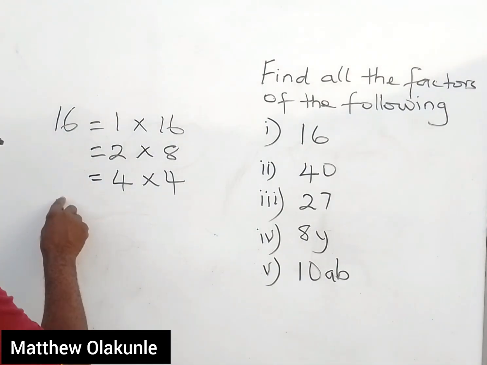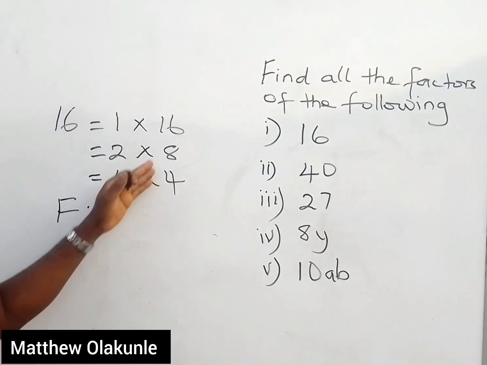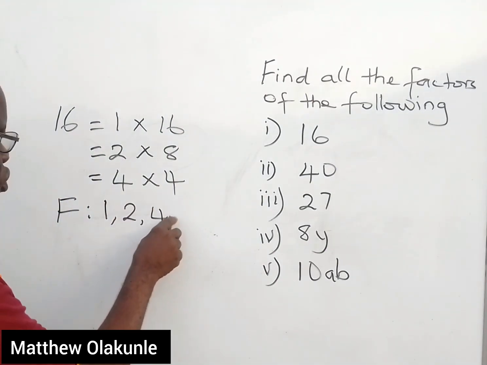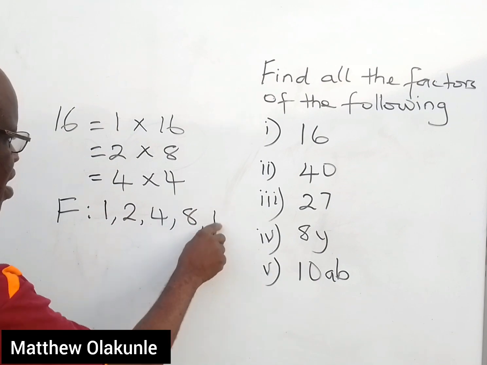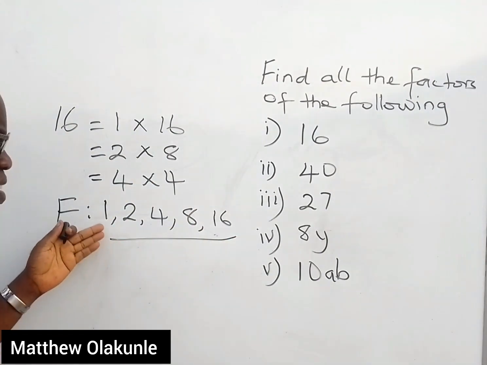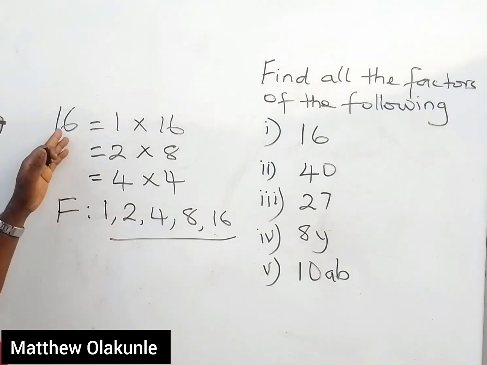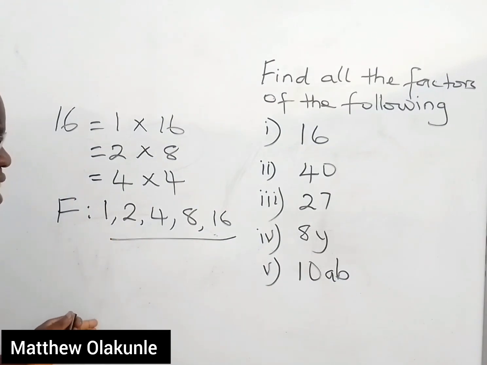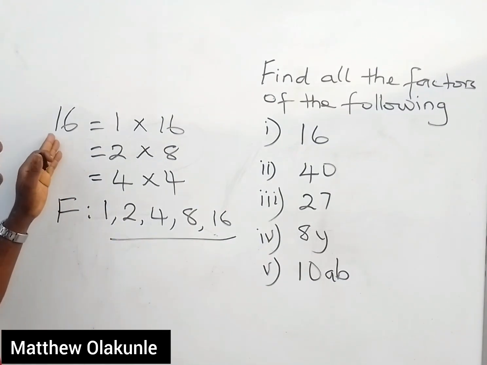So you can easily put down all of these as the factors of 16. We have 1, 2, 4, 8, and 16. Why do we refer to them as factors? Because you can divide 16 by all of them without any remainder. So this is how to find the factors of 16.